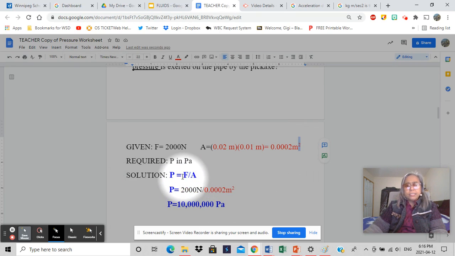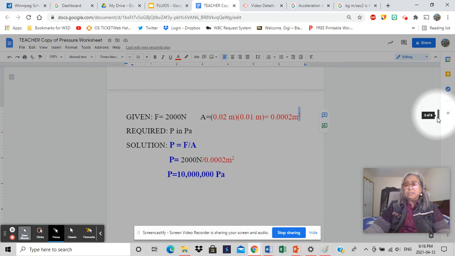So force is now 2000 N or Newton divided by 0.02, and this was the answer that we got. Try it out. Are you getting the same answer? I hope. Okay.